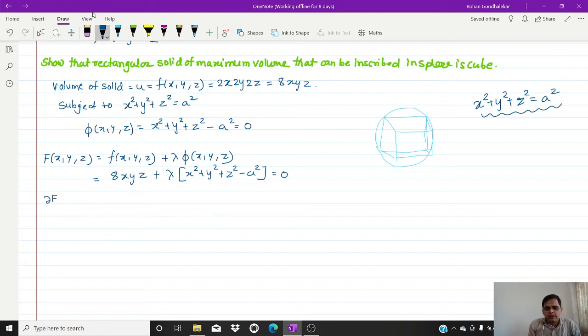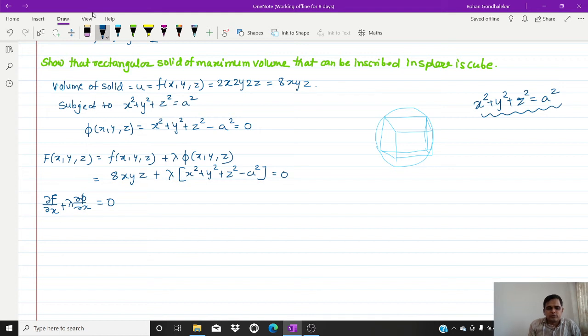Now we are going to find the three values: del f by del x plus lambda into del phi by del x is equal to 0.